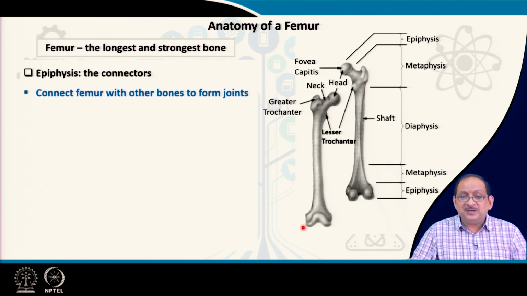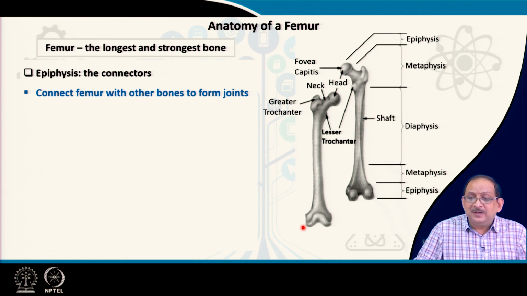Let us now consider the three main regions of the femur. The epiphysis is known as the connector. They connect the femur with other bones to form joints.